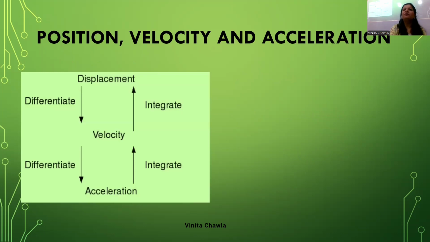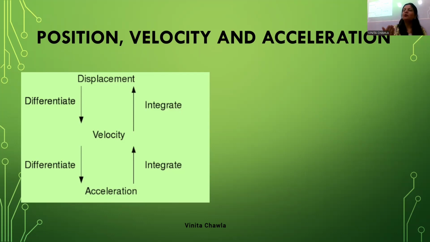Okay, now when we differentiate displacement, we get velocity. On differentiating velocity, we get acceleration. So velocity is dx by dt and acceleration is d square x by dt square. Similarly, if we integrate acceleration, we get velocity, and on integrating velocity, we get displacement.